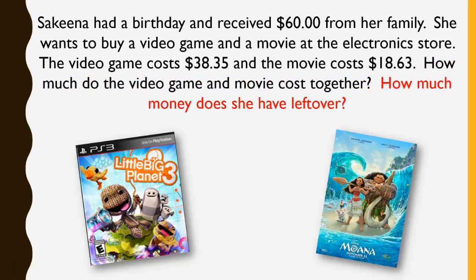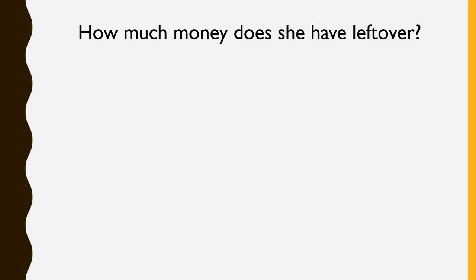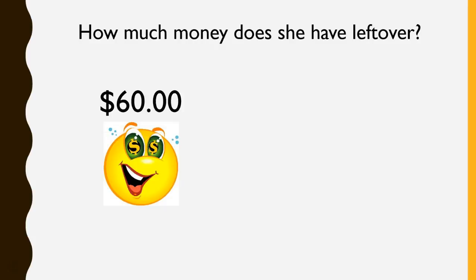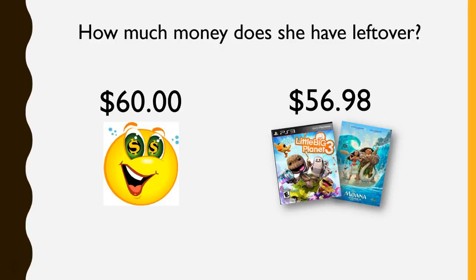Now the next question says, how much money does she have left over? That's the part we're going to tackle next. So we know that she got $60 for her birthday. That is so fun. And we know that the 2 things that she wants to buy all together cost $56.98.